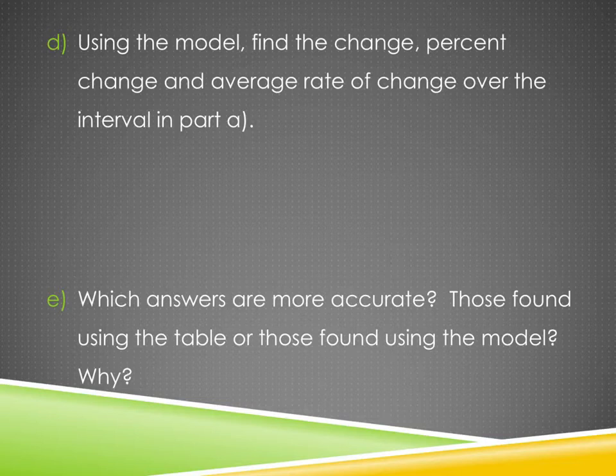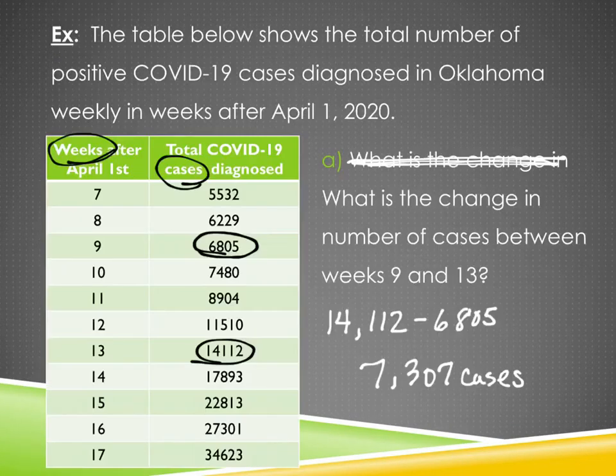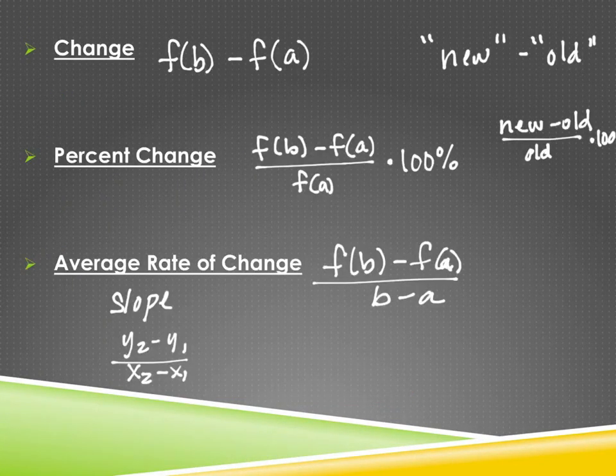This one actually asks us to use the model, not the data. We already did this with the data, but to use the model to find the change, the percent change, and the average rate of change. So over here, when we wrote down all of these calculation formulas, we wrote them down with the function f with beta and a.